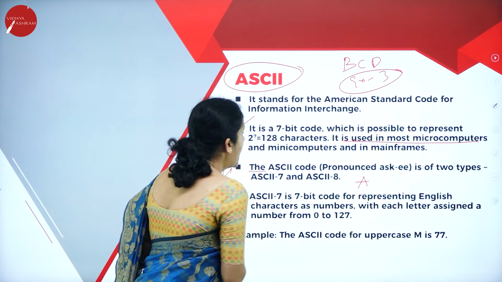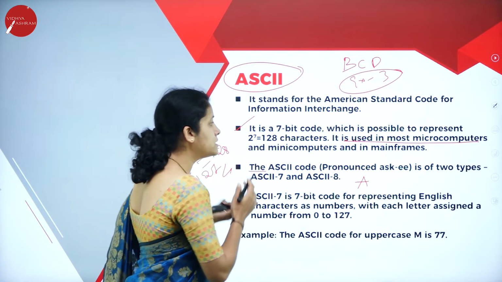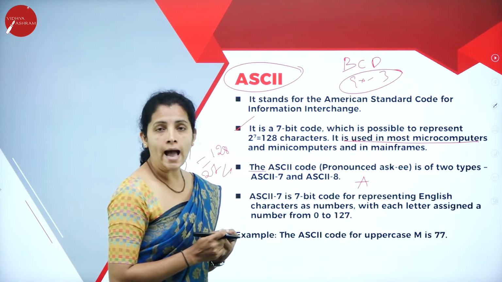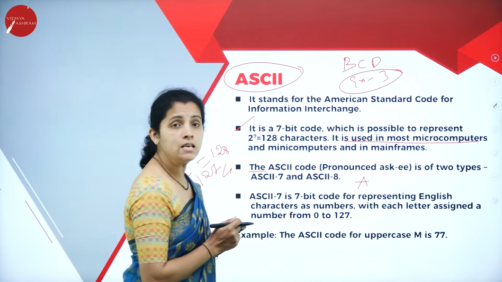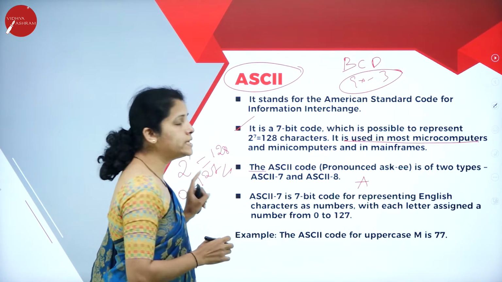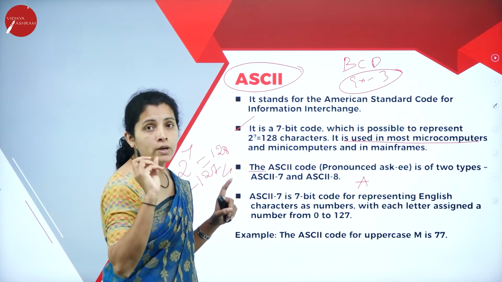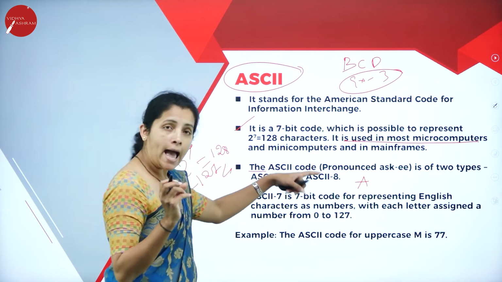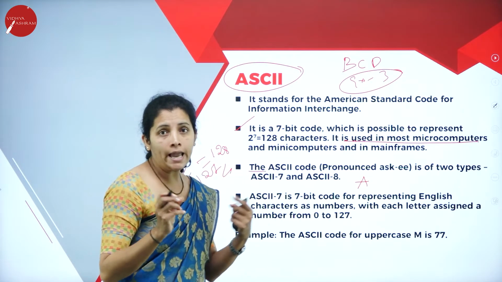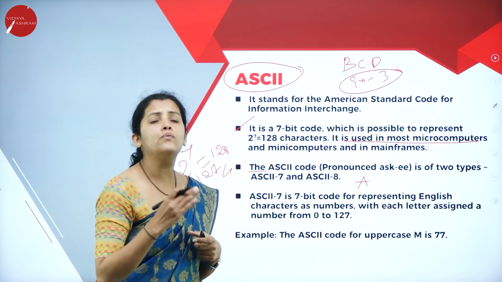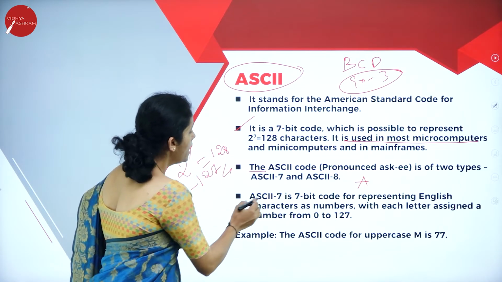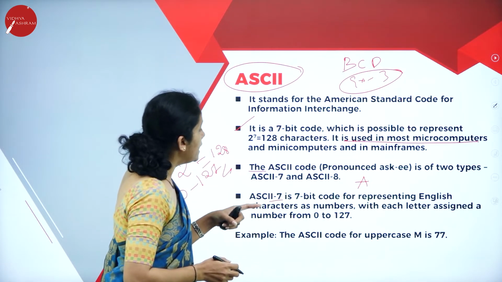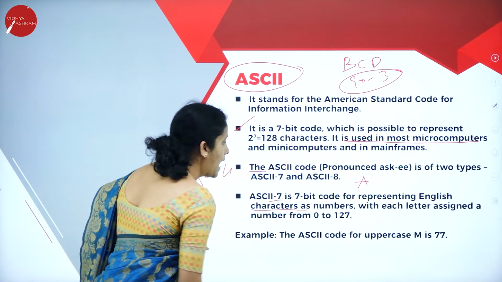So, the ASCII code, which is pronounced as Ascii, is of two types, that is ASCII 7 and ASCII 8. That means by using 7 bits, I can represent only 128 characters. If I use ASCII 8, I can represent 256 characters. So, ASCII 7 is a 7-bit code used to represent English characters as numbers.